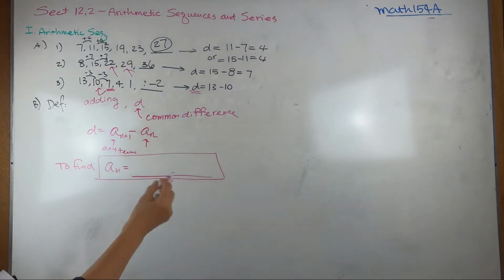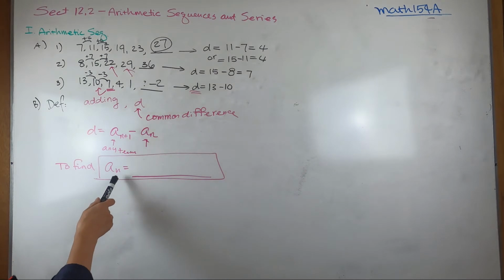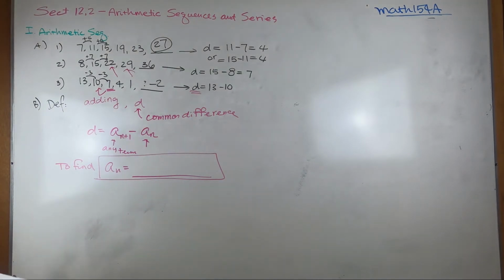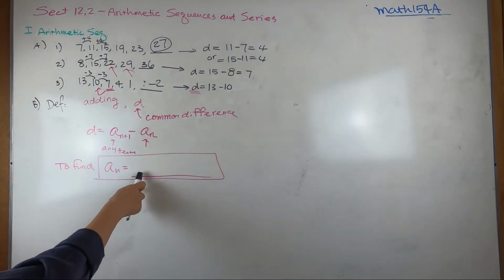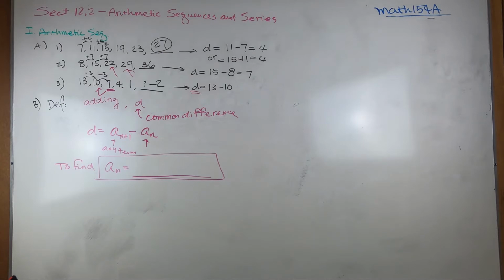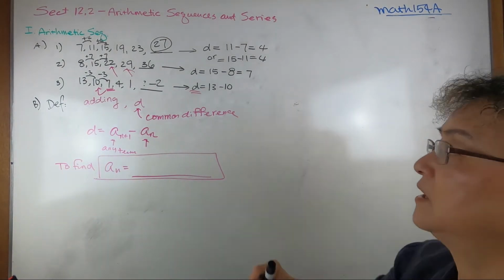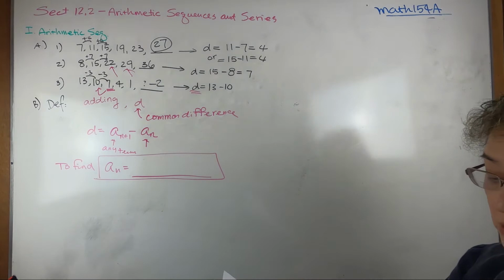So we can predict, extrapolate to find the nth term down the road, right? That's the formula we need to find. So let's look at some examples first. Then we collect those thoughts and put them in here. Then we can just follow the formula later, right?